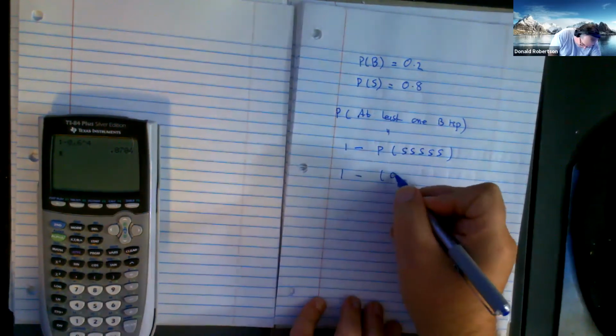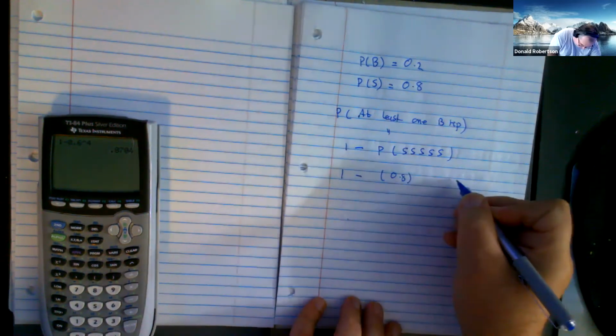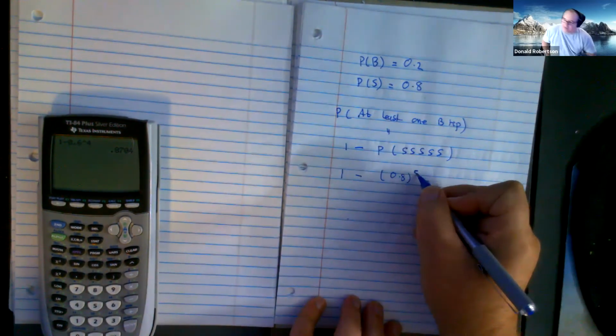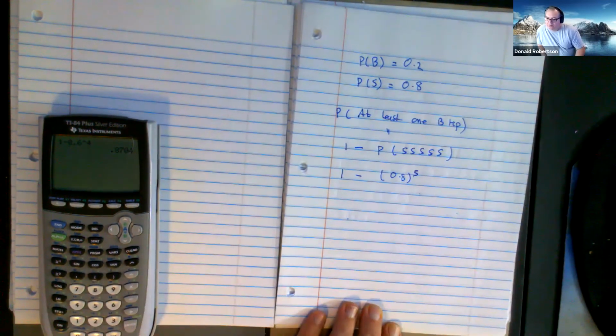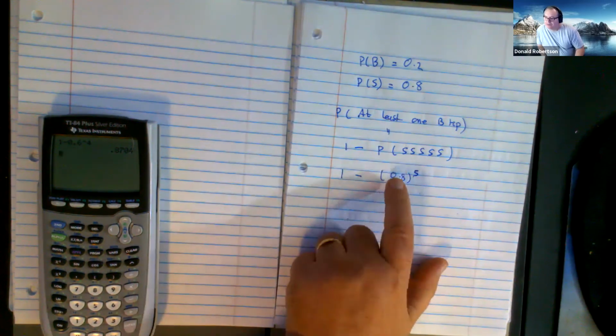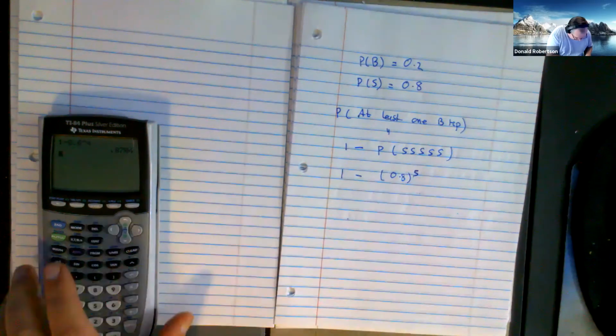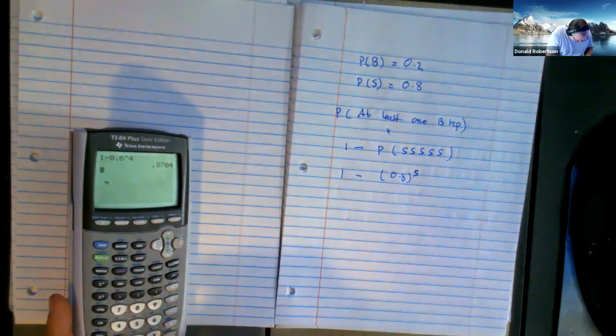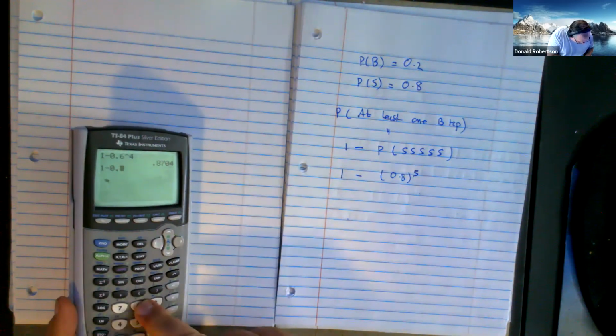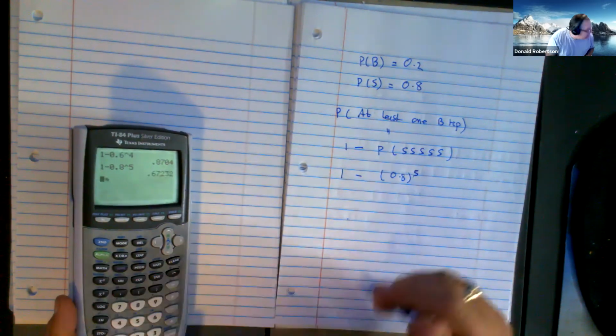So it's going to be 1 take away 0.8, 0.8, 0.8. So I'm just going to call that to the power of 5, because it is 0.8 times 0.8 times 0.8 times 0.8 times 0.8. And on our calculator, 1 take away 0.8 to the power of 5 comes out to be 0.